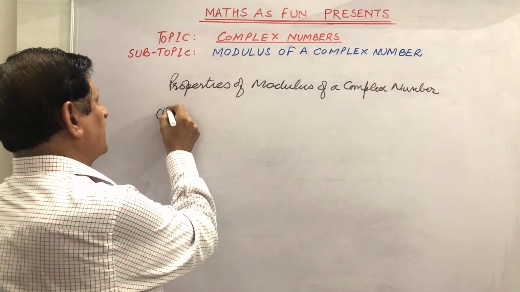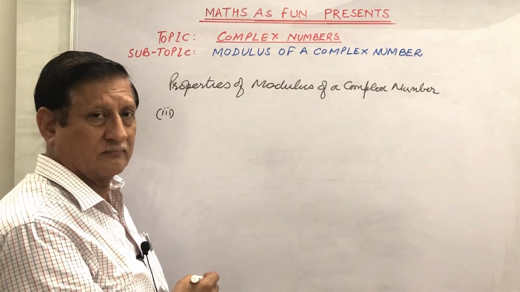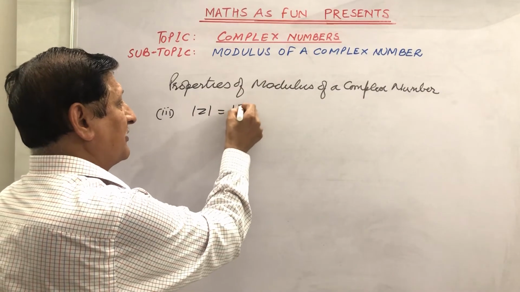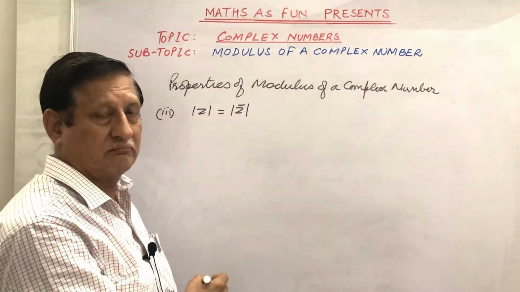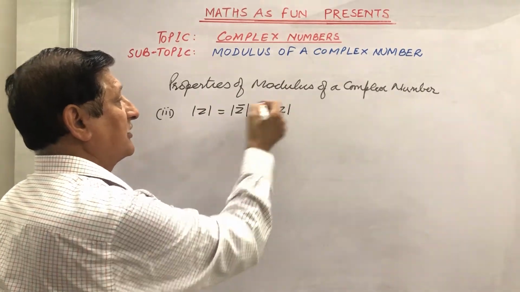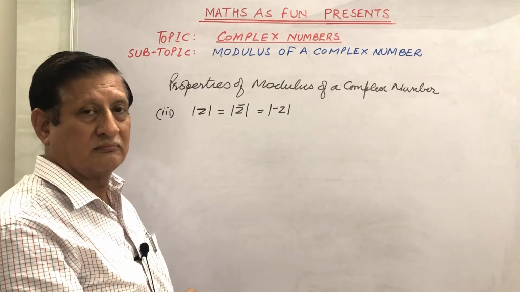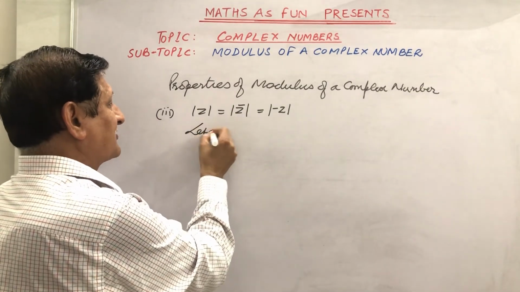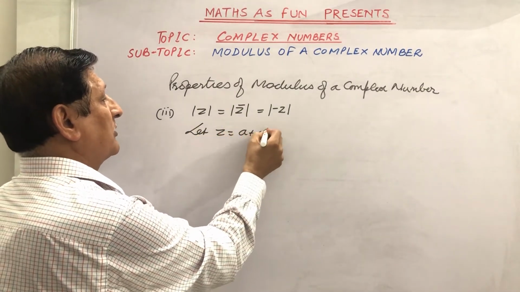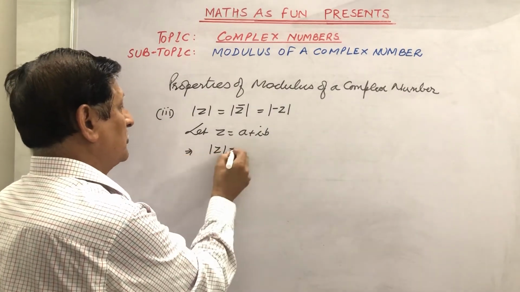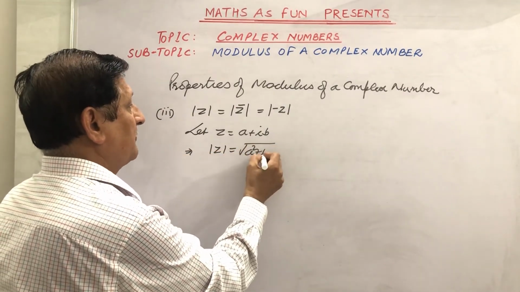Third property we can take as modulus z and modulus of z bar are same, and also that of modulus of minus z. Let's see the proof of it. Let z is equal to a plus iota b. Then we know modulus z is equal to root of a square plus b square.